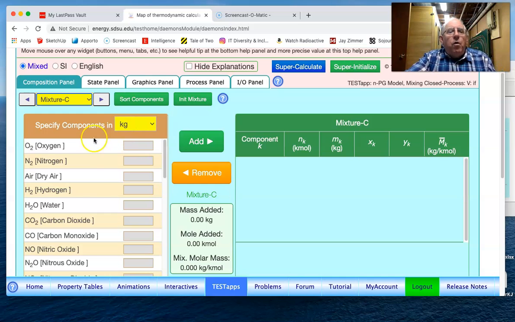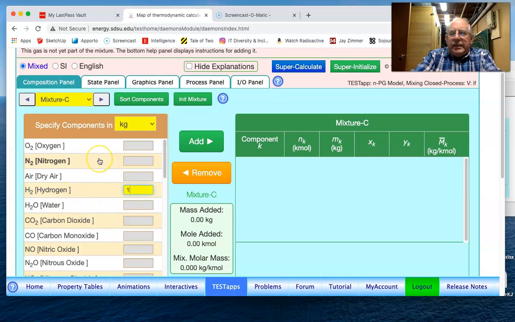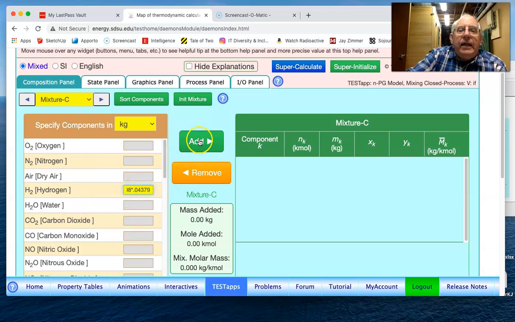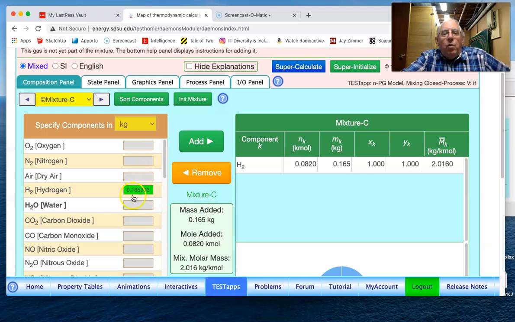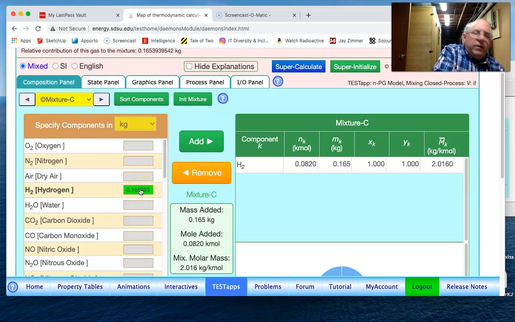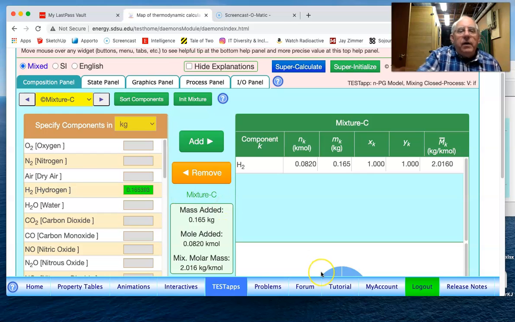And so for the hydrogen, we see that the amount of hydrogen that's there is the mass itself, which is 3.77698 times the hydrogen mass fraction, which was 0.04379. And so that is then, when I add that, what it actually has calculated is 0.165393. And so that's the kilograms associated with the hydrogen that was in the left-hand tank.